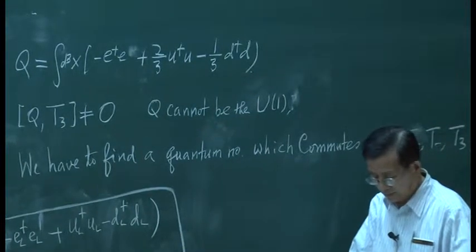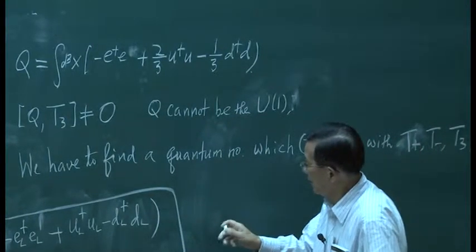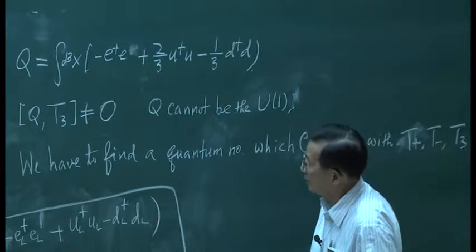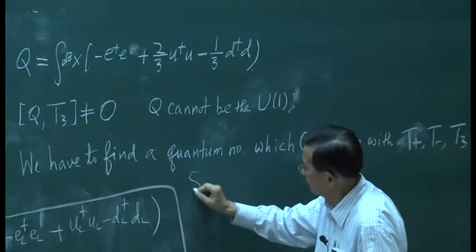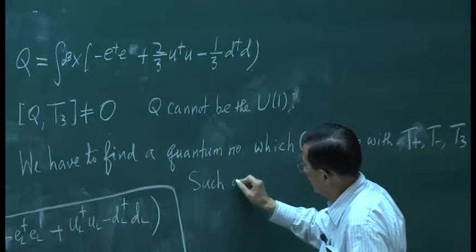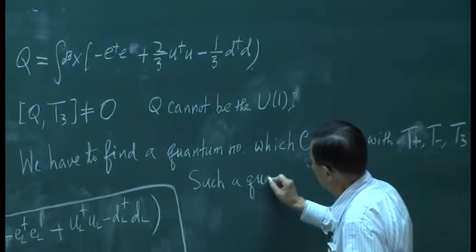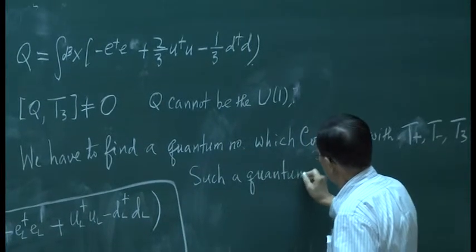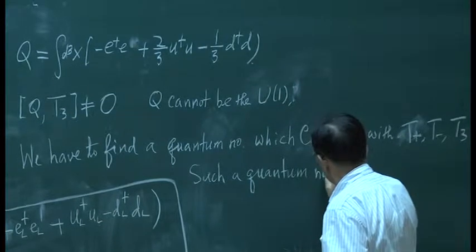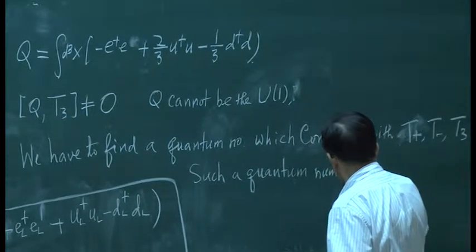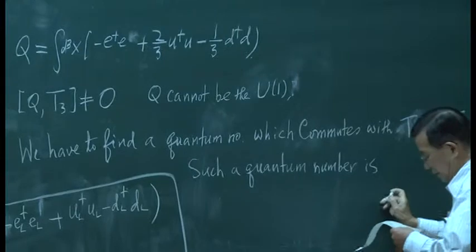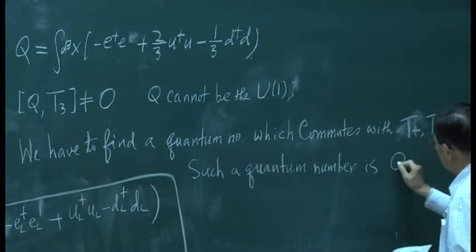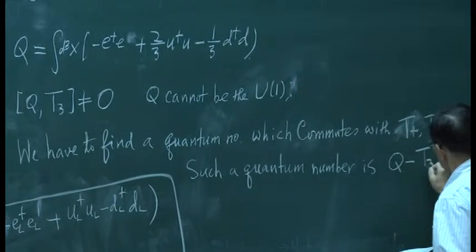Now, it turns out that you can find such a quantum number, and such a quantum number is this: Q minus T3.